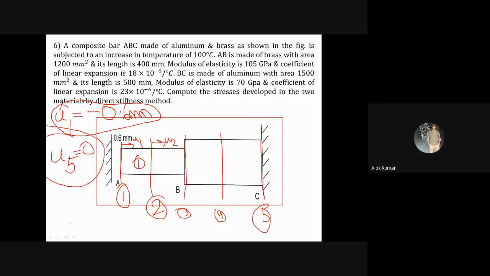Yes, sir. Okay. So is it clear, these two boundary conditions, that u1 will be minus 0.6 mm and u5 will be 0? Does anyone have any doubt in these boundary conditions? No, sir. Okay, other people please respond.